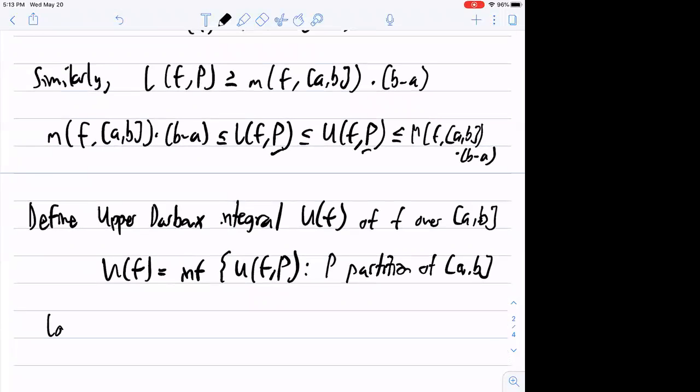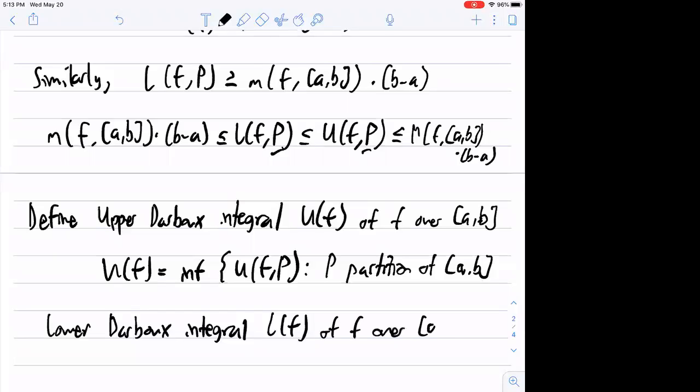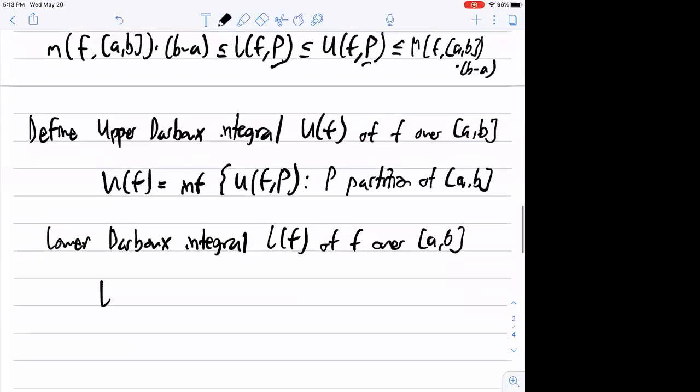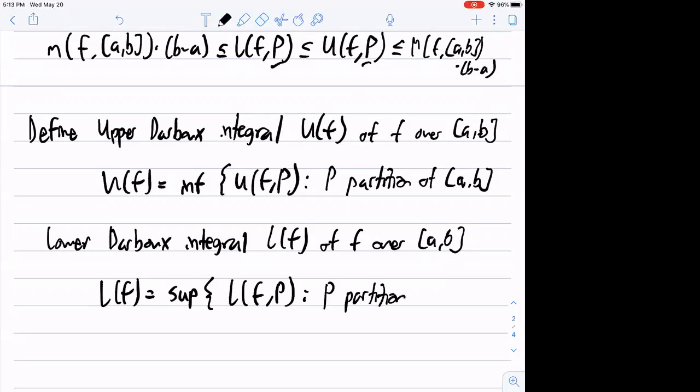And then the lower Darboux integral, L(f) over [a,b], is given by the supremum of L(f, P) over all partitions. So remember, L(f) is always smaller than the actual area under the curve, and U(f) is always bigger, because we take sup and inf.